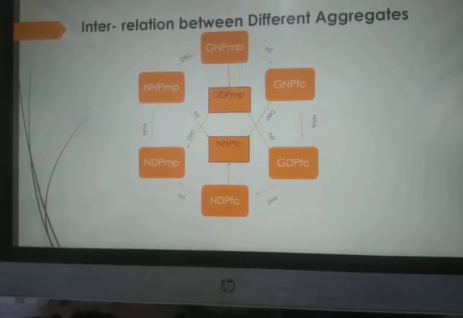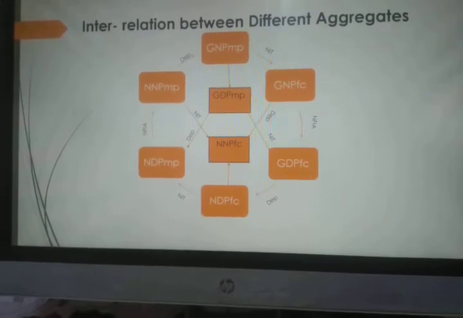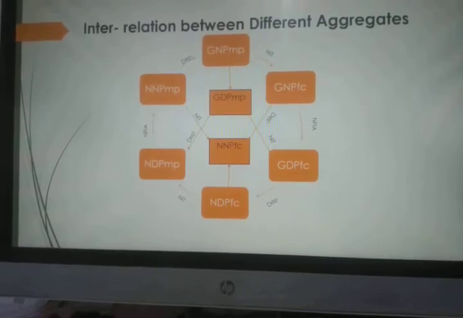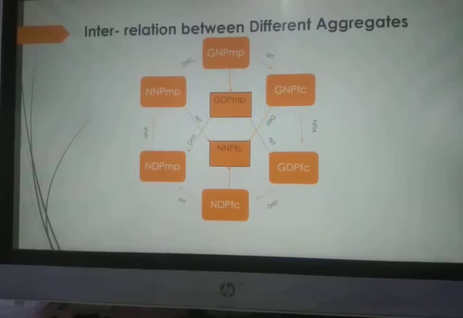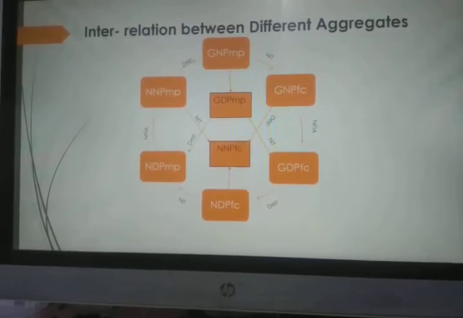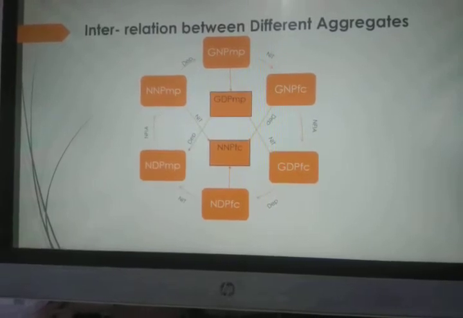If we move further from GDP FC to NDP FC, here the difference is of G and N. That means we are at gross and we have to arrive at net. So what will we be doing? We will be deducting depreciation from gross to come to net.